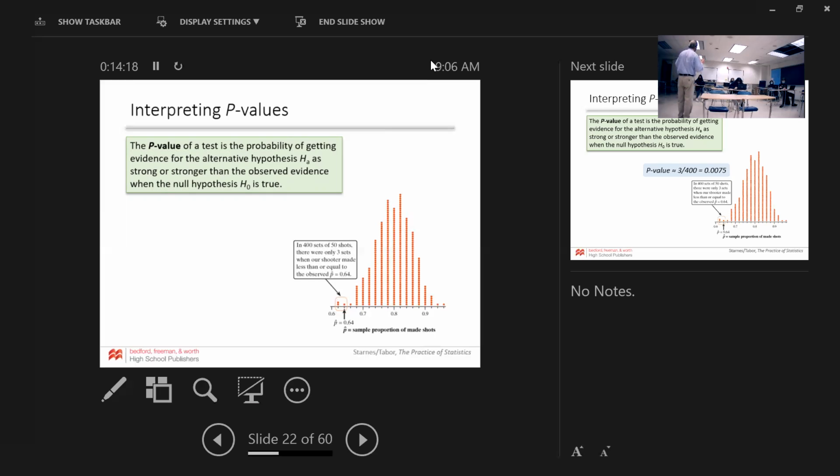That's the sum of the data that was at the 64% or lower if they really were an 80% foul shooter. Which is less than 1%. There's evidence that this kid's not an 80% foul shooter. There's statistical evidence.